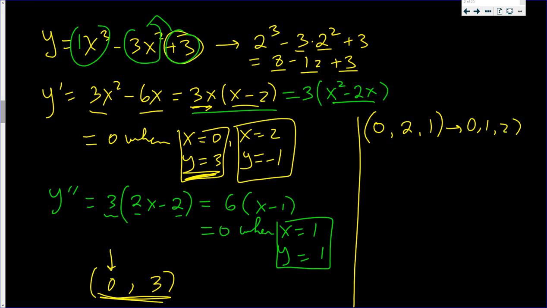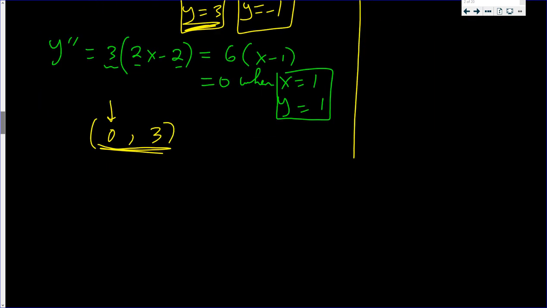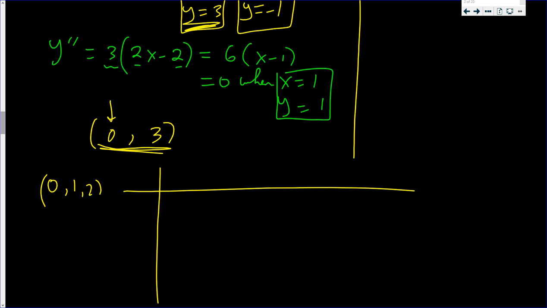So then what we do is we make up our table with 0, 1, and 2. The table is going to go from negative infinity up to the smallest value, which is 0, and then from 0 to 1, and then from 1 to 2, and then from 2 to infinity.